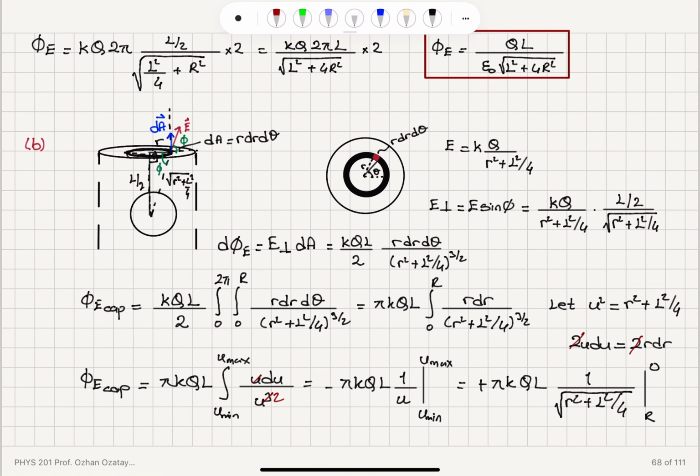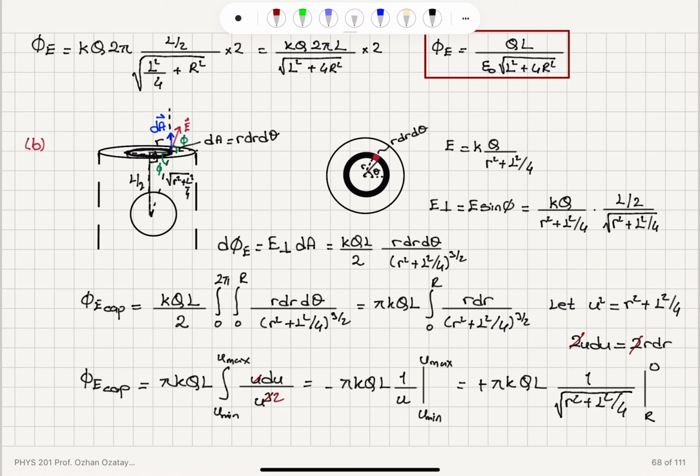And in part B, we have considered the electric flux through the top cap first. There, the infinitesimal area is R dr d theta, where we have the radial electric field pointing in the radially outward direction due to this uniformly charged sphere. And then we have considered the component of the electric field in the direction of the area vector, where dA magnitude is R dr d theta.